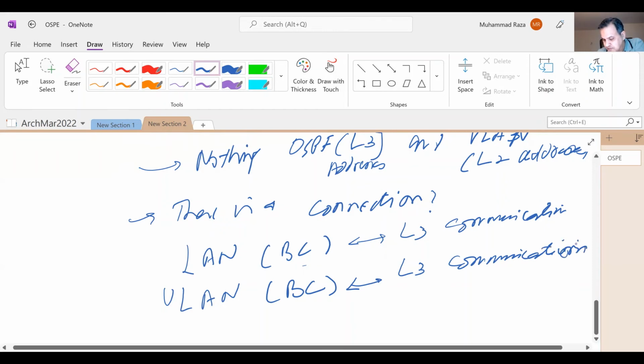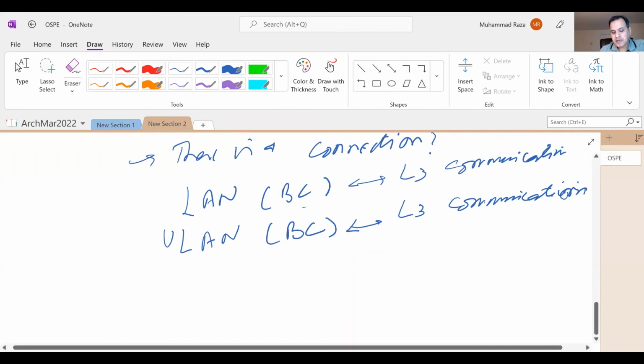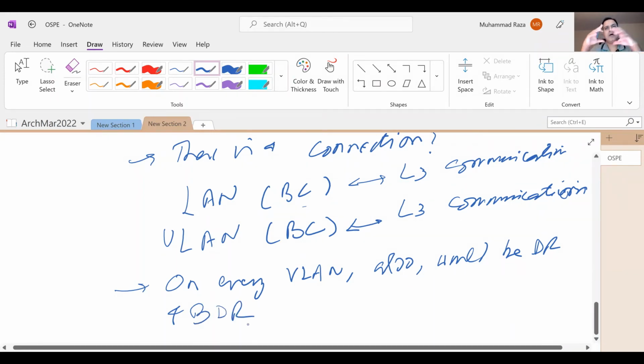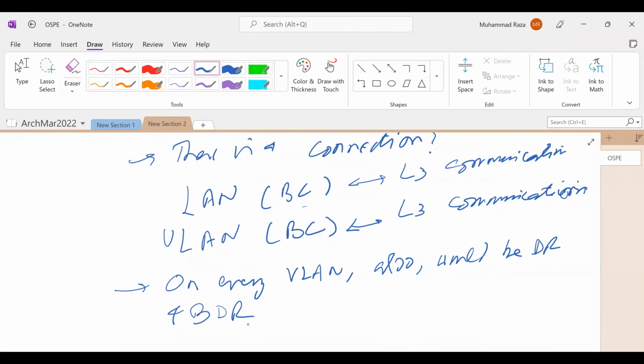So when it comes to routing needs, there's no difference between LAN and VLAN. In modern networks heavily relying on VLANs, on every VLAN there would also be DR and BDR based on the same principle, because our job is to cut down broadcast activity, and DR, BDR help us do that.